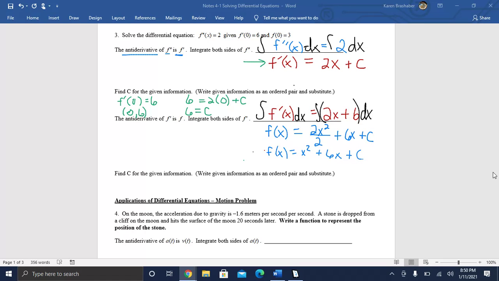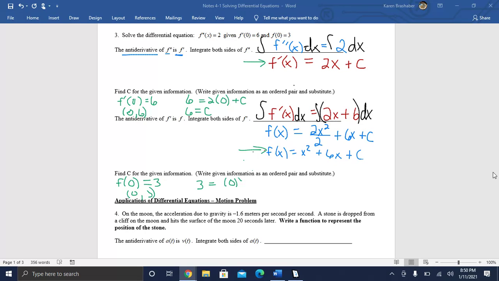Then we go back and we look at our given information again. This time we were given that f of 0 is equal to 3. We'll substitute that into our general solution. So 0, and this again is the ordered pair 0, 3. So 3 will go in for the y value, 0 in for the x's.